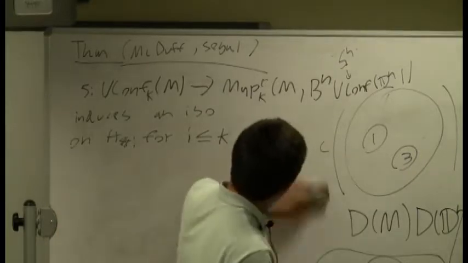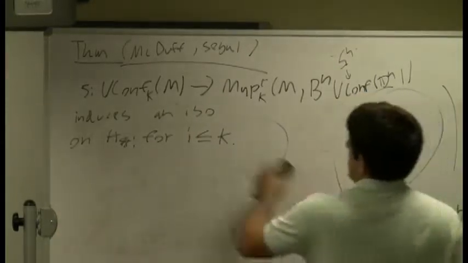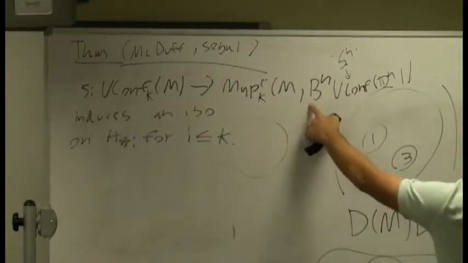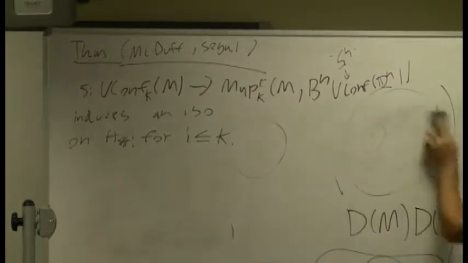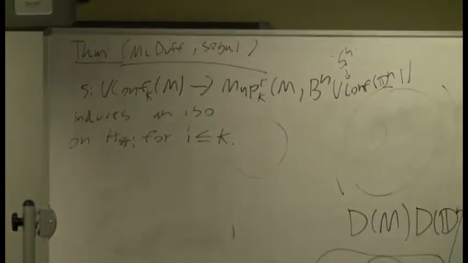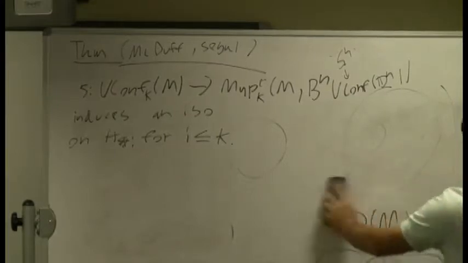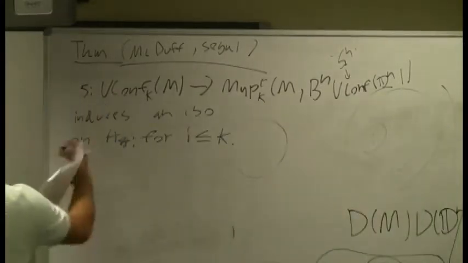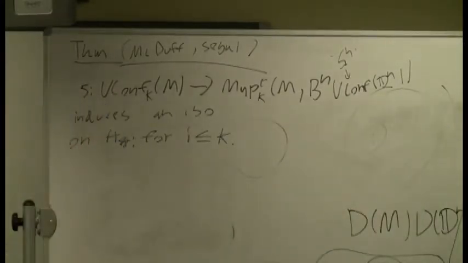And that's sort of the best you could hope for, because this space is a finite dimensional manifold, and this space has homology in arbitrarily high degrees, so you're not going to expect that it's a homotopy equivalence.